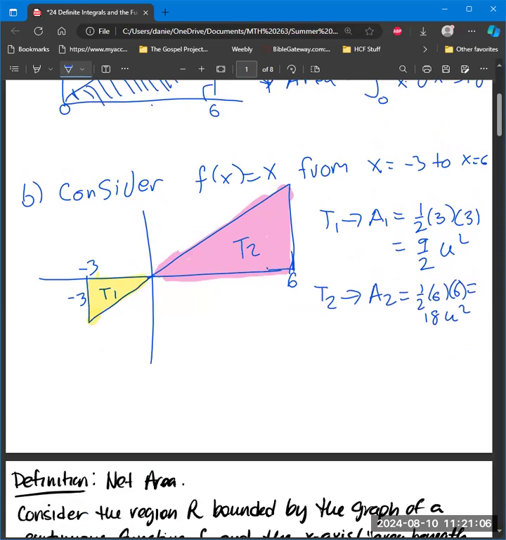And so if I wanted the total area, that would have to be 9/2 square units plus 18 square units. 36 plus 9 is 45/2 square units.